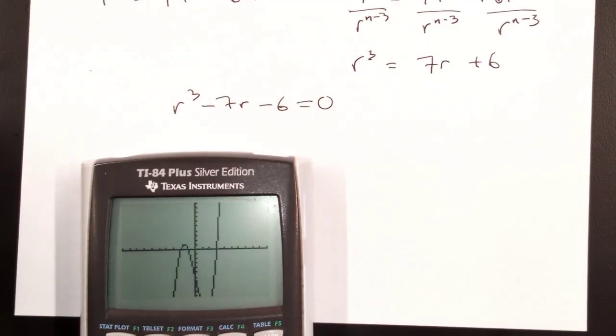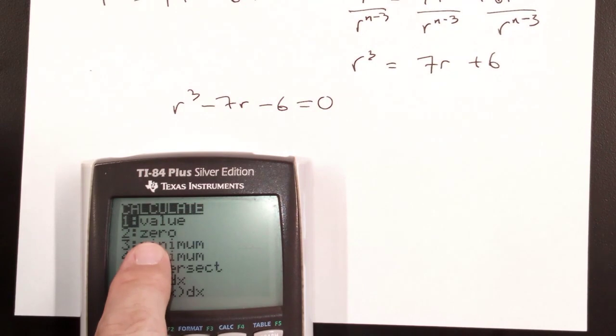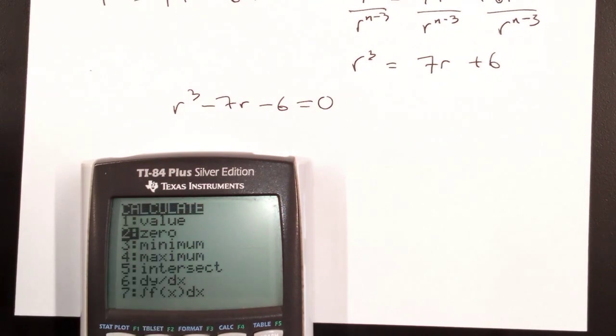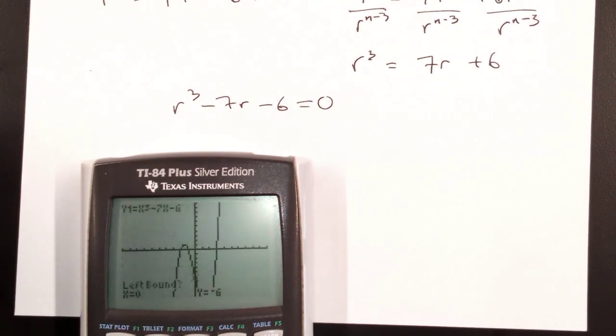Aha, there are 3 x-intercepts. Those 3 x-intercepts, those are the 3 values that work. I have 3 distinct roots. What are they? Second, calculate where my value is 0, so I can have it do it for me. That value over here on the right looks like it's around 3.